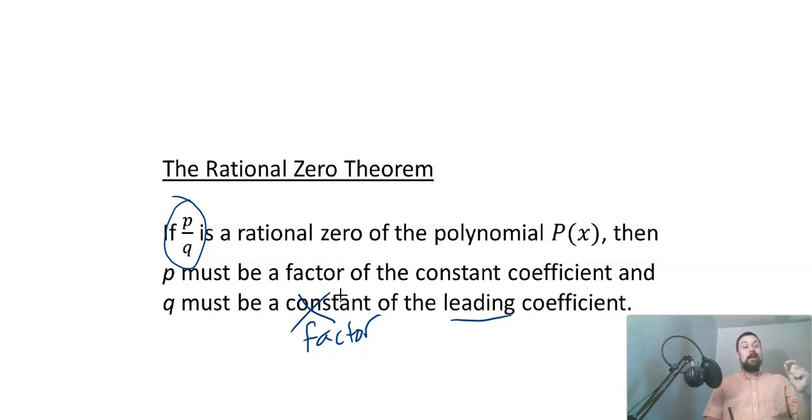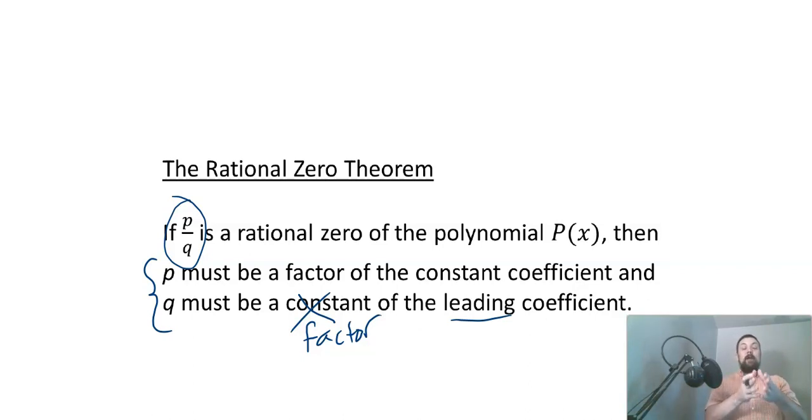So any number that doesn't have a numerator that's a factor of the constant term can't possibly be a 0, because any number that's a 0 would have to have that property. So we're not going to waste our time checking numbers if they don't have these two properties here. The numerator has to be a factor of the constant. The denominator has to be a factor of the leading coefficient.